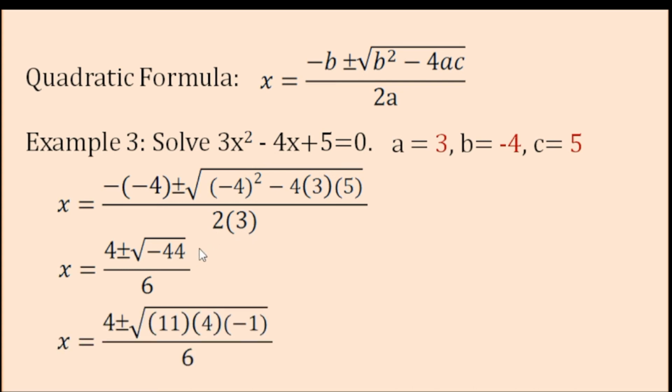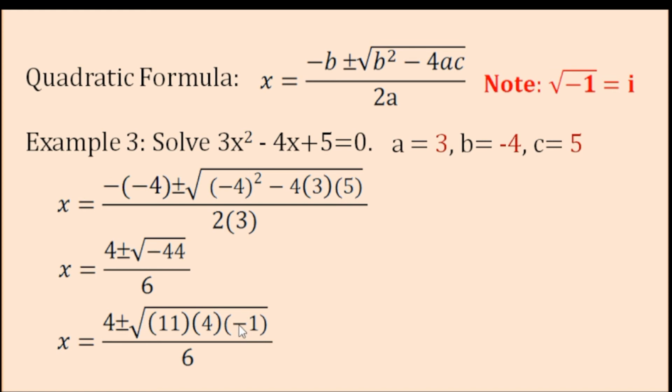Now simplifying furthermore, 11 times 4 times negative 1. Square root of negative 1 can be represented by letter i, which means imaginary. Now, square root of 4 is 2, so this 4 goes out, it becomes 2. And then 11 is not a perfect square, it stays inside.